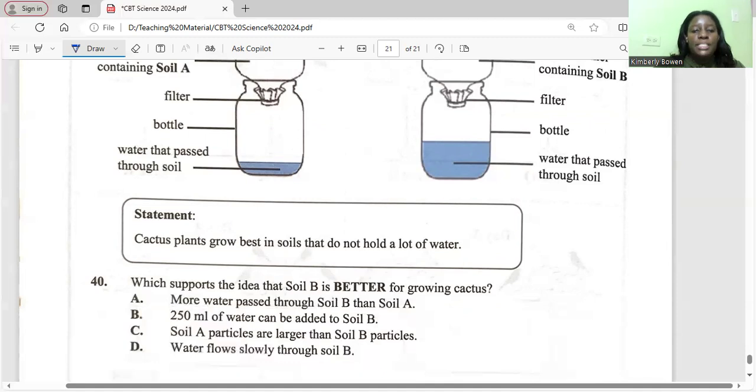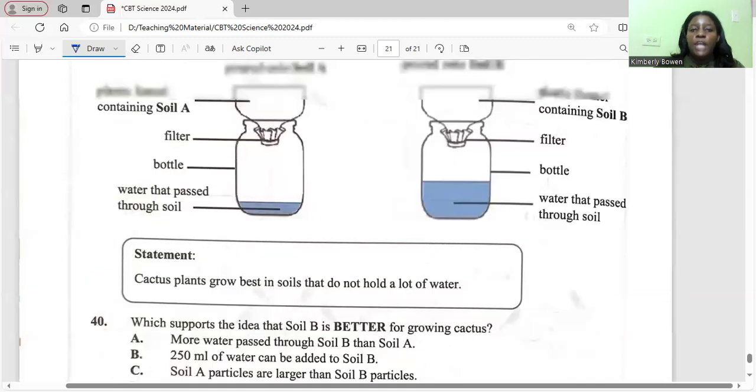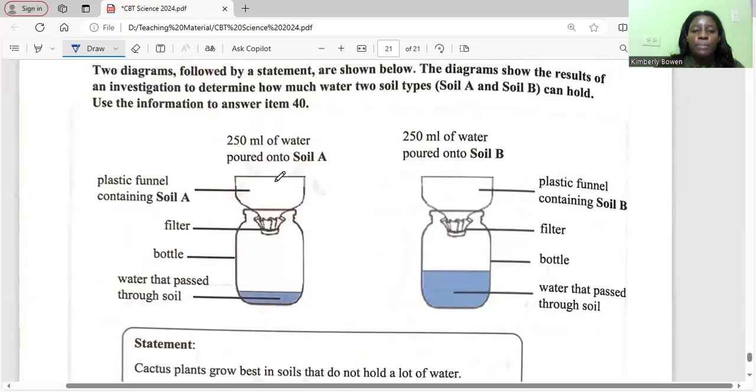Which supports the idea that soil B is better for growing cactus? The statement says that a cactus plant grows best in soil that does not hold a lot of water. If we look at the diagram, soil A is holding more water. Of the 250 milliliters of water poured into soil A, it retained some of the water.